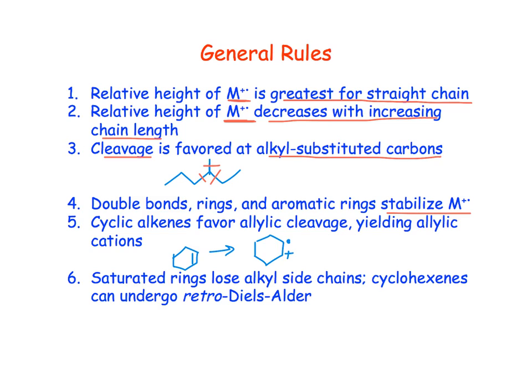Then, in order to fragment, the ring actually has to open. And so we can do a cleavage like this, a radical initiated cleavage of the ring, which is going to give us an allylic cation.